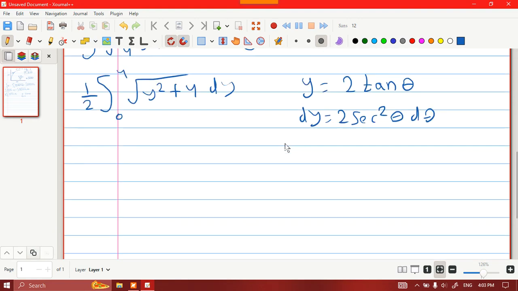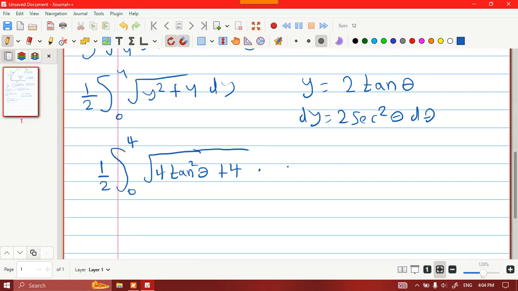I'm going to replace these expressions in this equation: 1 over 2 integration from 0 to 4, y squared will be 4 tangent squared theta plus 4, times dy, which is 2 secant squared theta d theta.